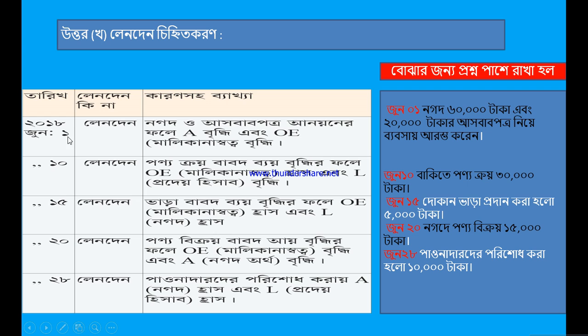Okay, 2018 June 1st. It is a transaction because cash and furniture have increased and owner's equity has also increased. On 10, it is a transaction on credit.